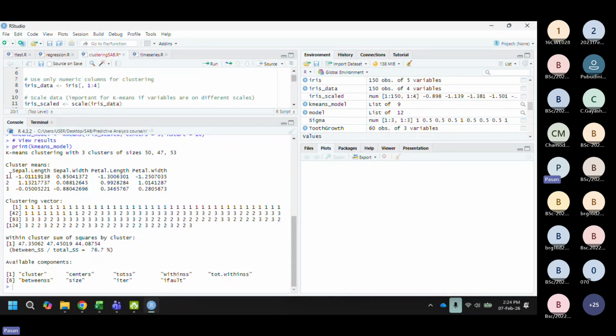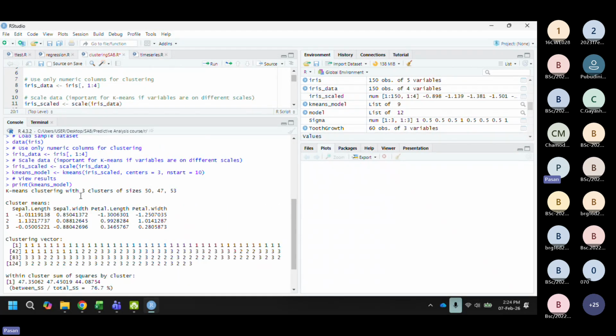The centers are given for each of the four variables, so three centers are given like this. This is the converged value after it runs several iterations. I think they are not mentioning how many iterations there.